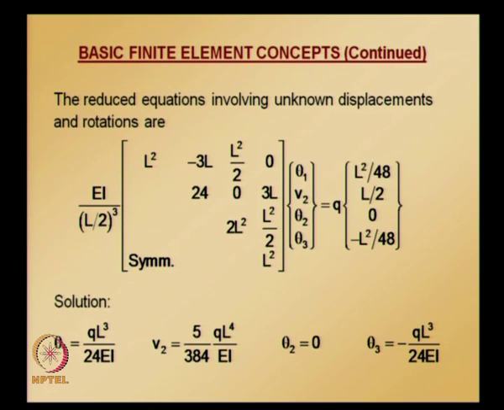Please note that node 2 corresponds to the midspan of this simply supported beam, and note that finite element midspan displacement and rotations are the same as the exact solution of the problem.